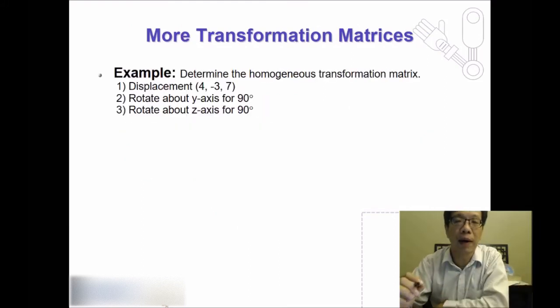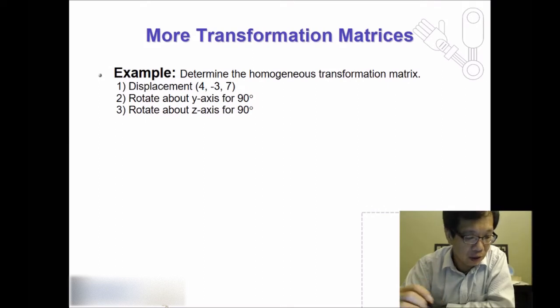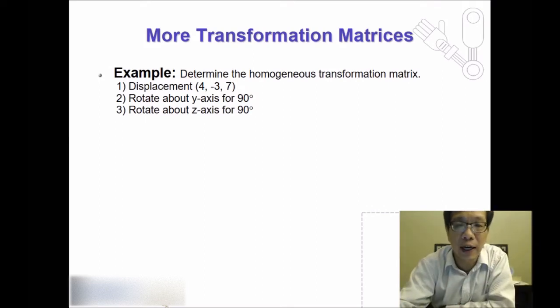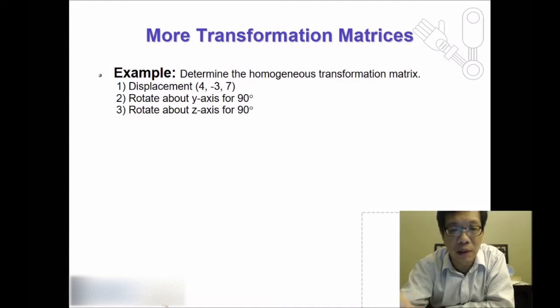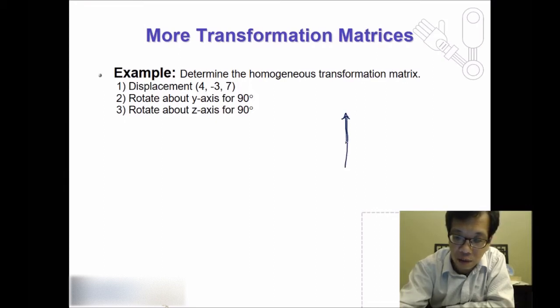So let's talk about one example. Let's say I have 3 movements. The first one is displacement, the second one is a rotation, and the third one is also a rotation. So let's draw everything on a 3-dimensional space and see what's going on.